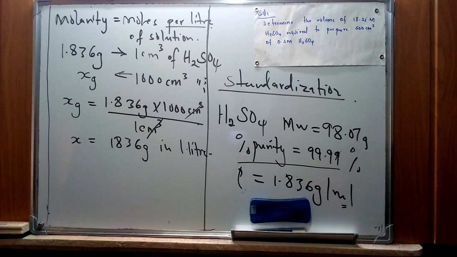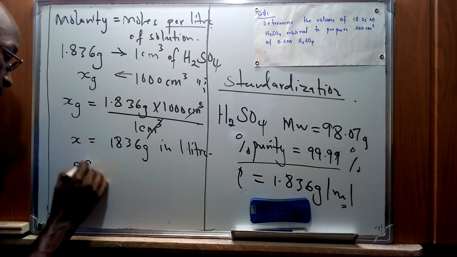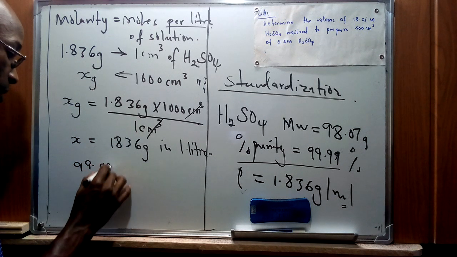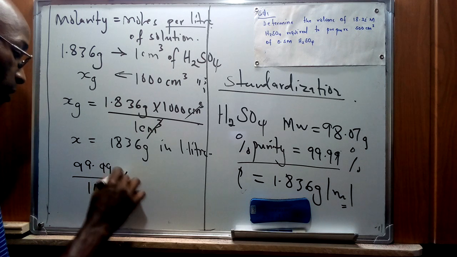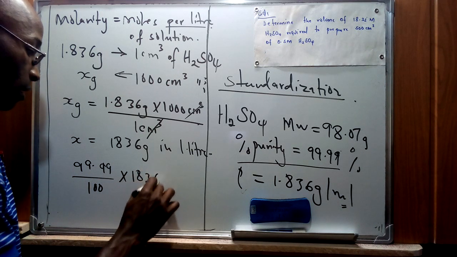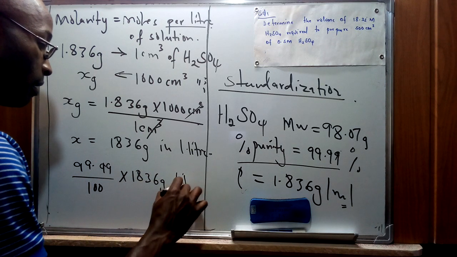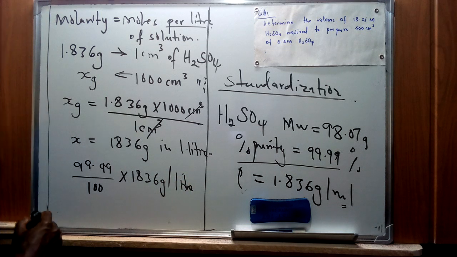So therefore we can find the actual mass of this specific sulfuric acid in this particular product by using this concept of percentage purity in that liter of that specific solution.